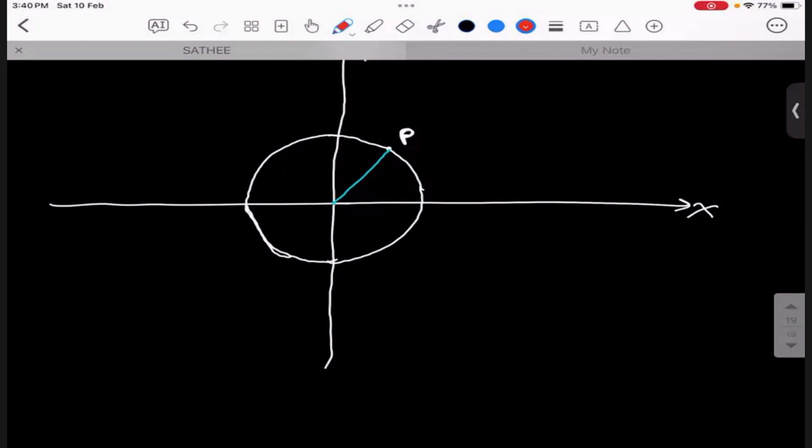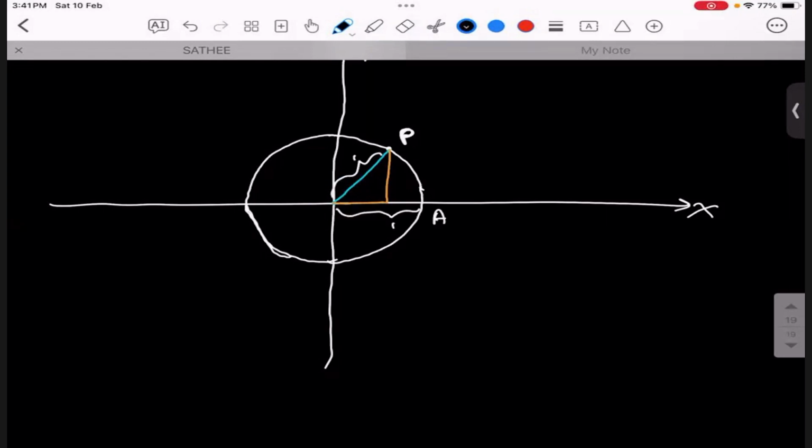And what about another way? Another way will be to go from here to here, then from here to here. So here you can see an angle of 90 degrees, so it is a right angle triangle. Now we all know that these lengths are 1.